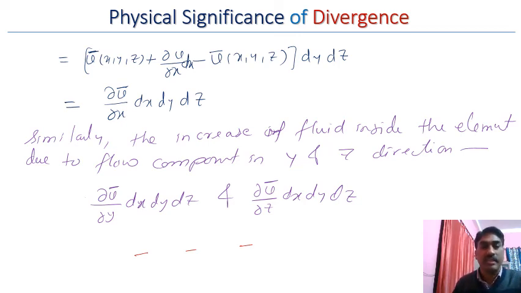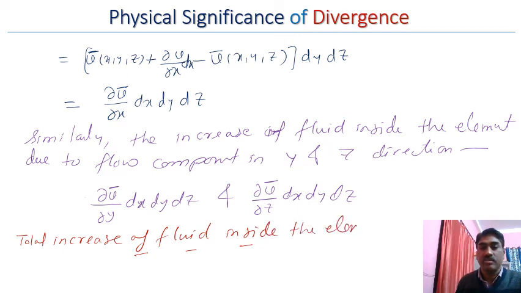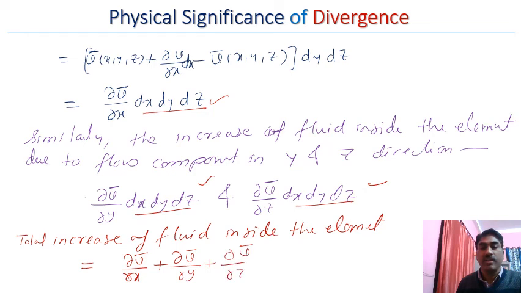So what is the total increase? The total increase of fluid inside the element is equal to del v by del x. We sum all these three, and dx dy dz is common in all three, so we can take it out: del v by del x plus del v by del y plus del v by del z, multiplied by the infinitesimal volume dx dy dz.